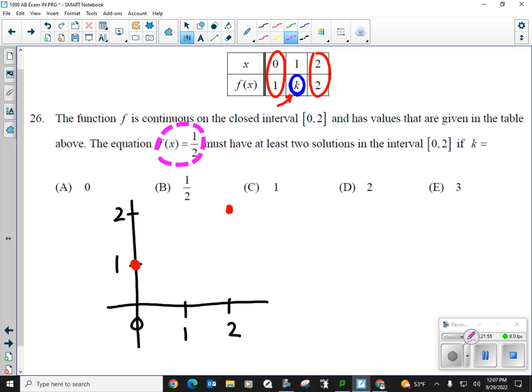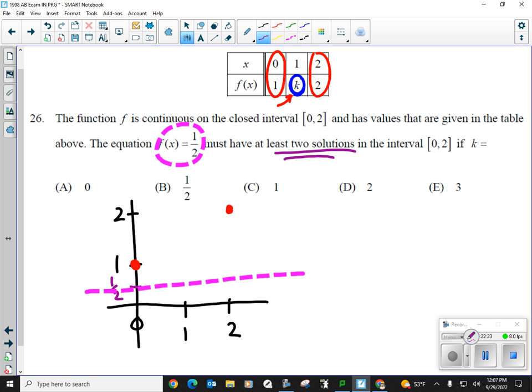It's got to have 2 solutions to f of x equaling 1/2. So here's where y equals 1/2. Okay? So along this line, okay, I need to have 2 solutions. Again, this is almost like an Algebra 1 problem where in order to have a solution, you've got to have your 2 graphs intersect.